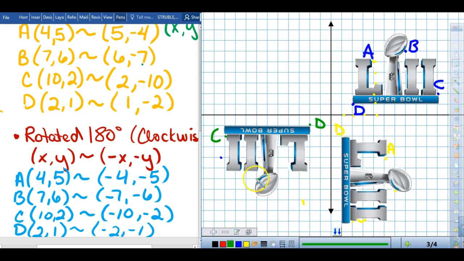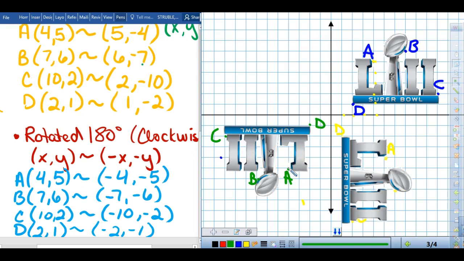B right here at -7, -6. And then A is right there at -4, -5. 1, 2, 3, 4. Yep. Okay. All right. So there's our image now.